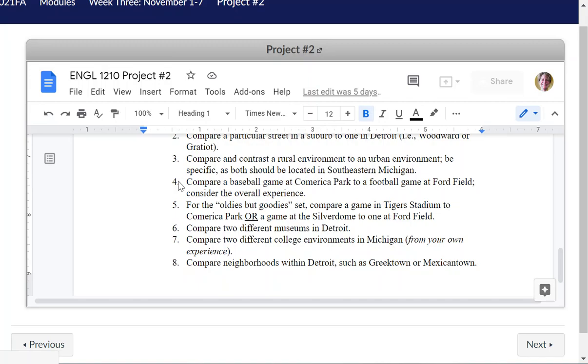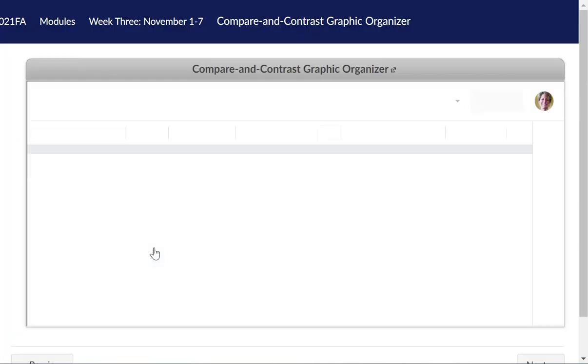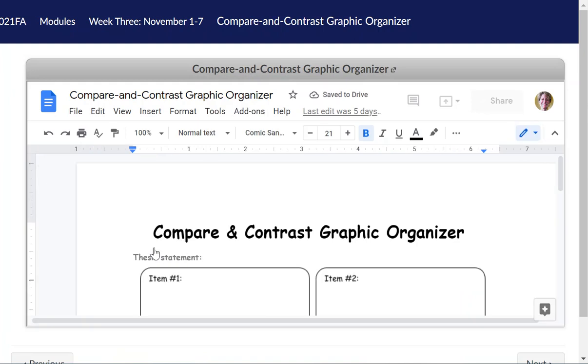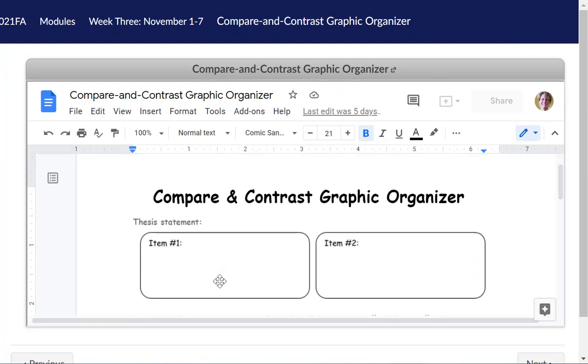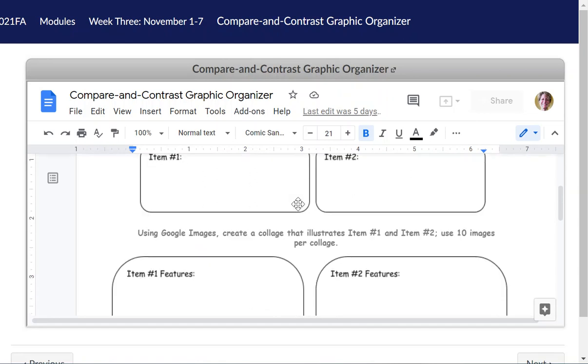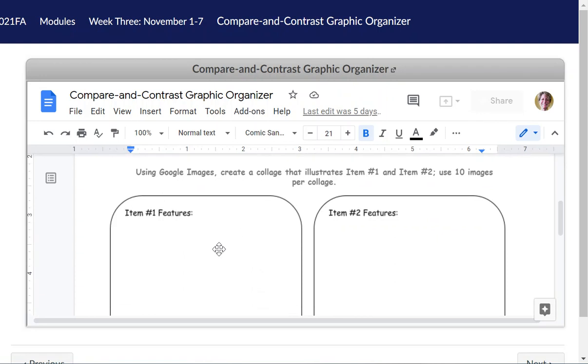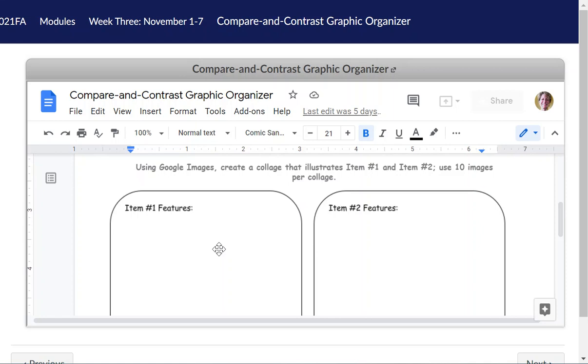What you're going to do before you get to that draft, though, is you're going to use this particular compare and contrast graphic organizer. You'll tell me what item 1 and item 2 are. You'll have your thesis statement at the top. And then you'll use Google Images or something similar, wherever you can find images, to illustrate item 1 and then illustrate item 2.